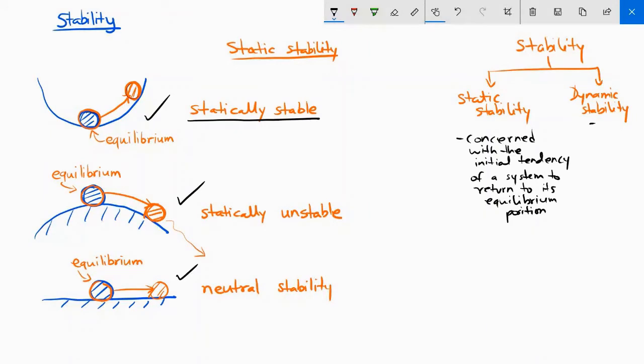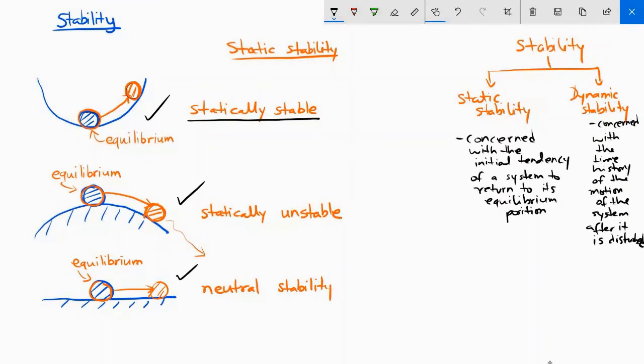Right, it is concerned with the time history of motion of the system after it is disturbed.